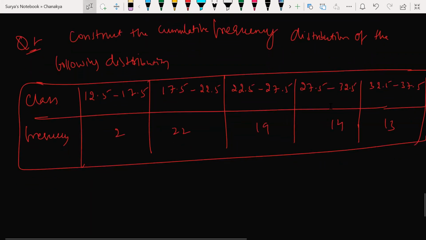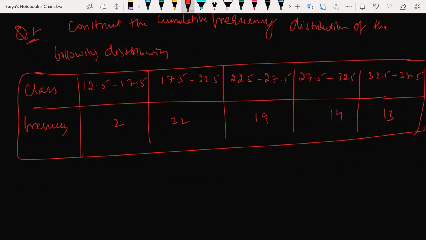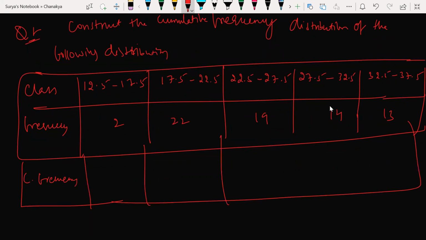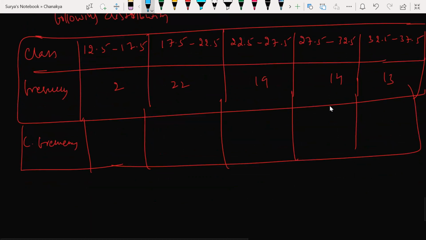Then the cumulative frequency. How do you find cumulative frequency? It should be like a vertical table, with this and this in a vertical column.